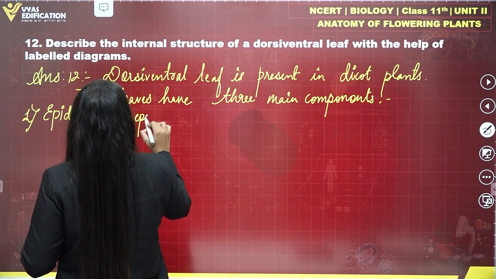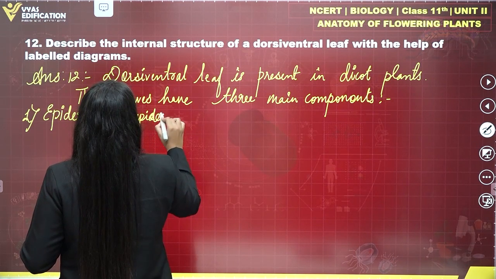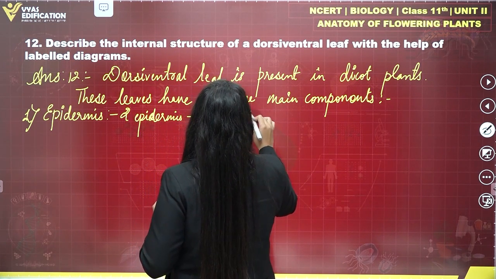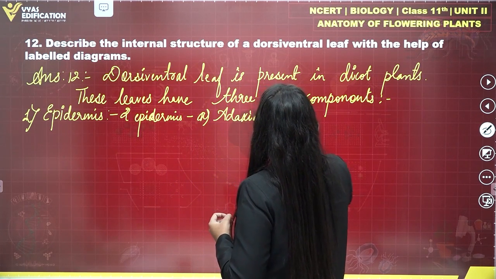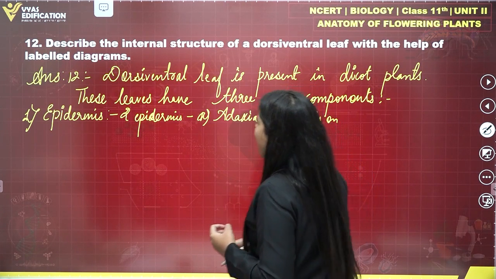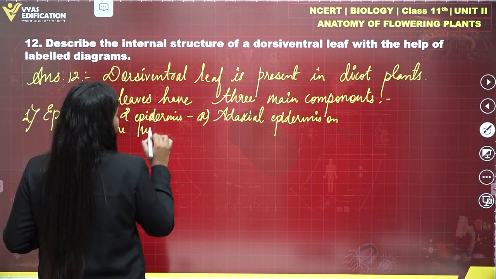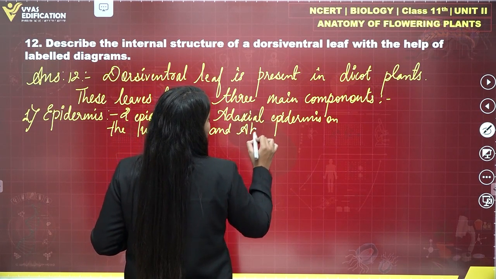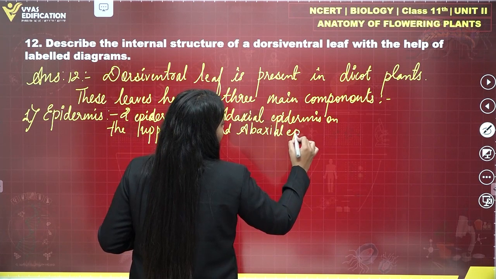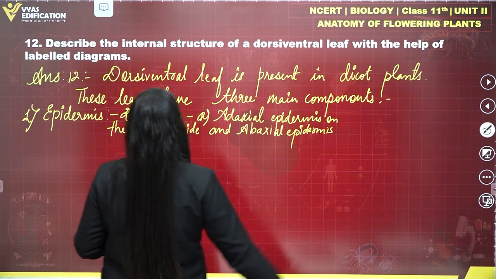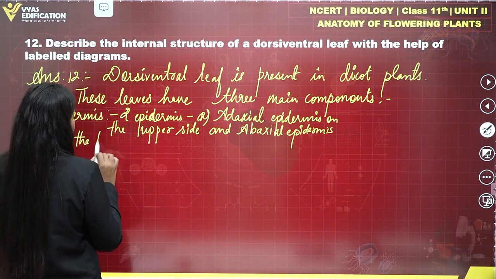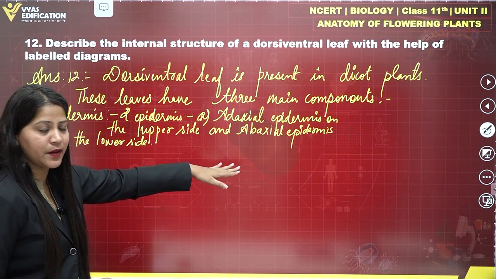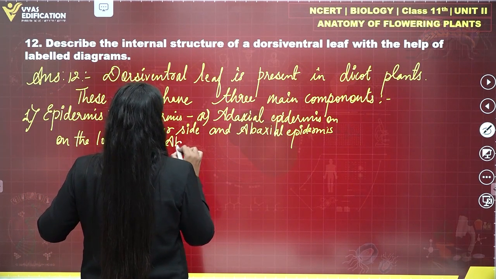Two epidermis are present in them: one is the adaxial epidermis on the upper side, and the abaxial epidermis on the lower side. Now this abaxial epidermis has a higher number of stomata as compared to the adaxial epidermis.